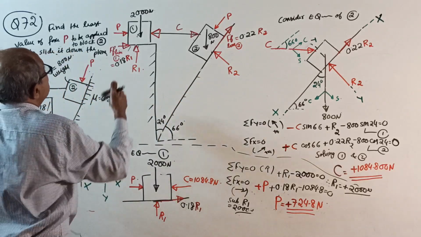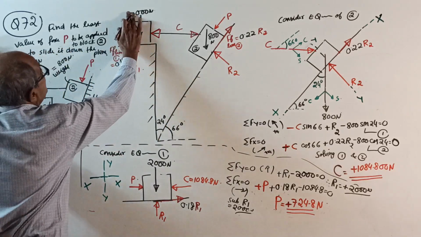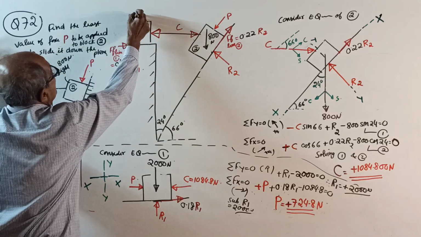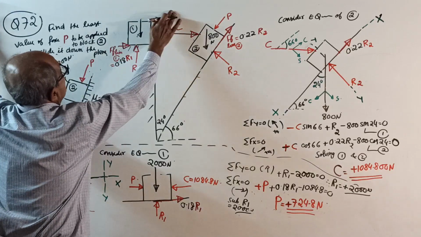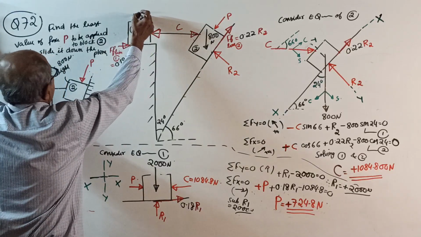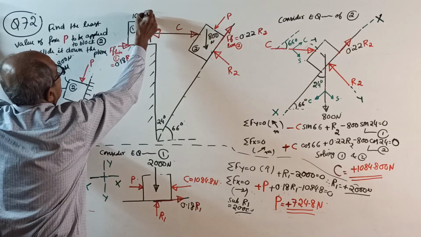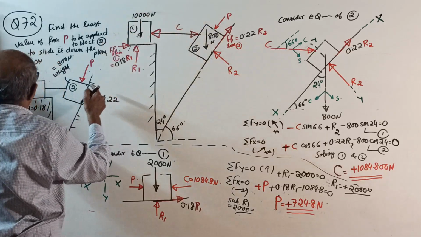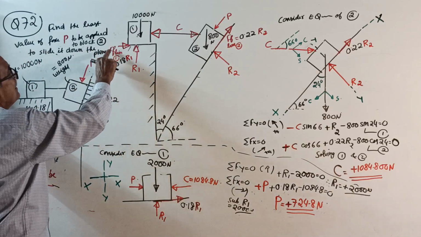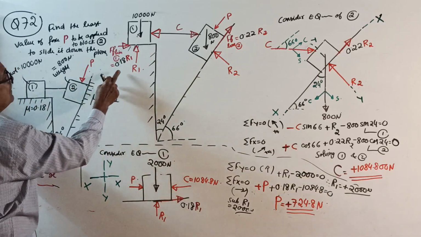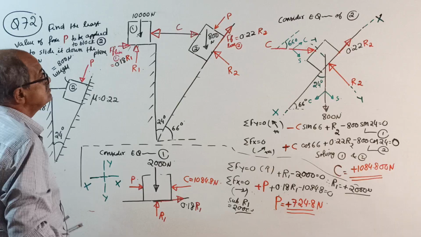Here, this P is not there. Weight is 10,000 Newton, 10 kilonewton. When it slides down, this will move to the left side, friction on the right side. If it is R1, other things are the same, 0.18 R1.